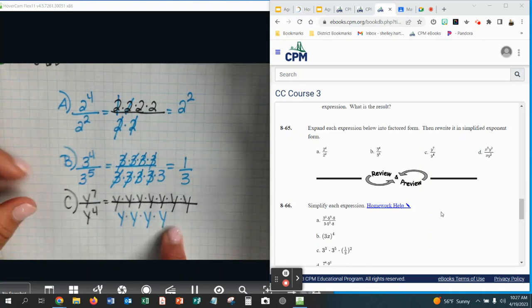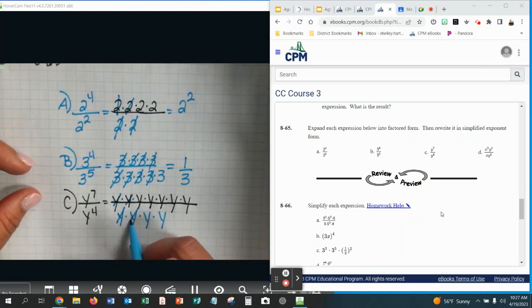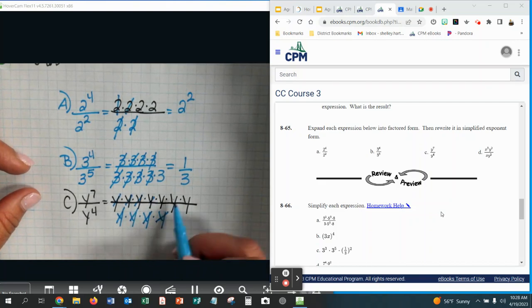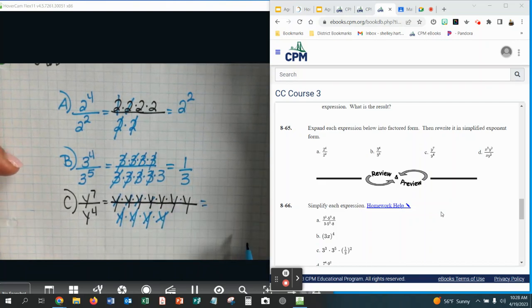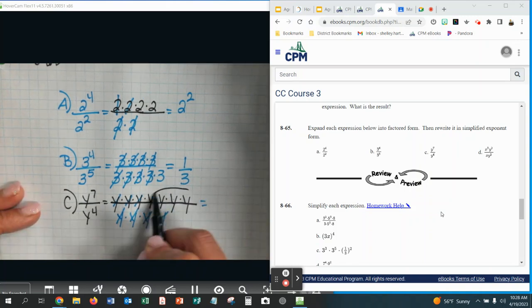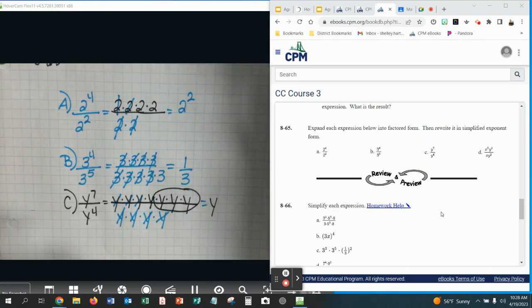So we cross-cancel, right? How many do we have left over? We have 3 left over above the line, so it's Y to the third.